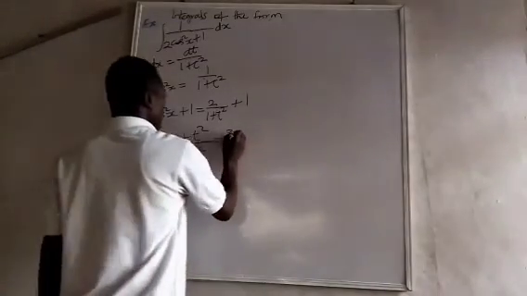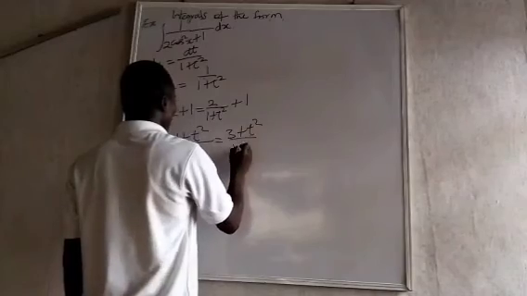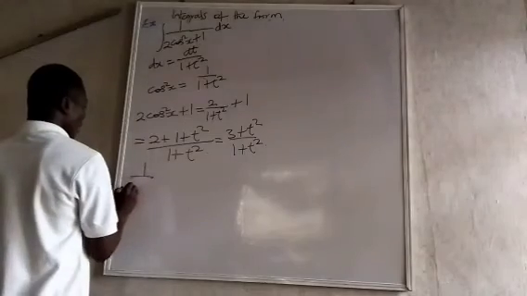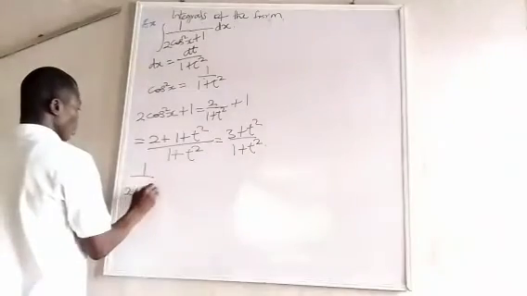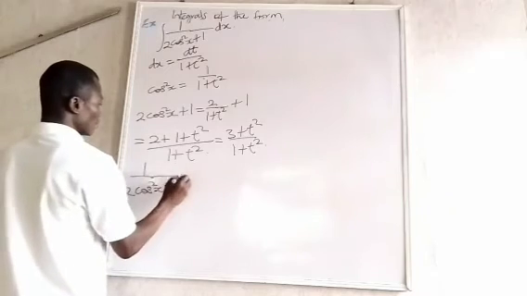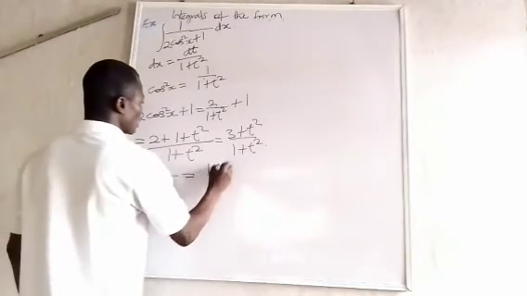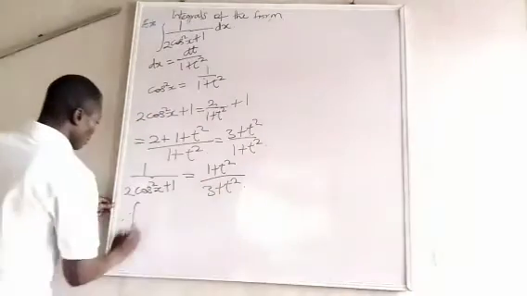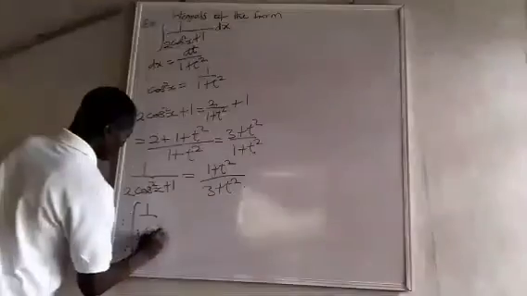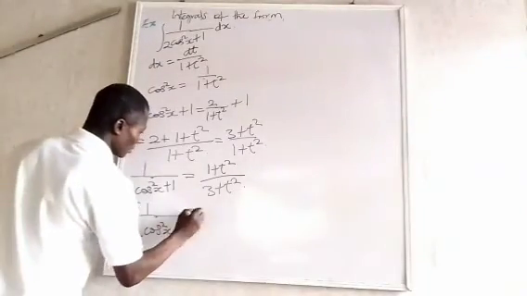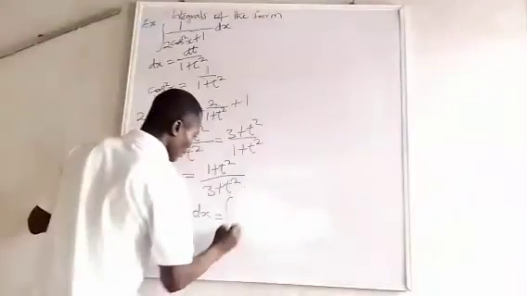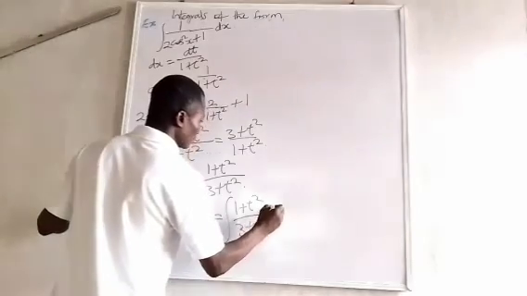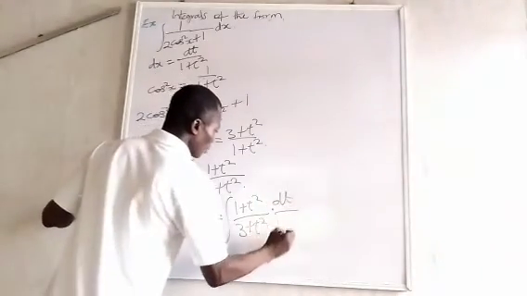And that's going to give us 3 plus t squared over 1 plus t squared. So 1 over 2 cos square x plus 1 will be equal to 1 plus t squared over 3 plus t squared. Therefore, 1 over 2 cos square x plus 1 dx will be equal to 1 plus t squared over 3 plus t squared times dt over 1 plus t squared.